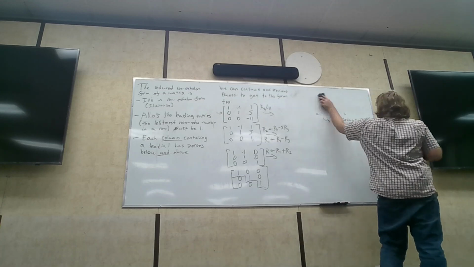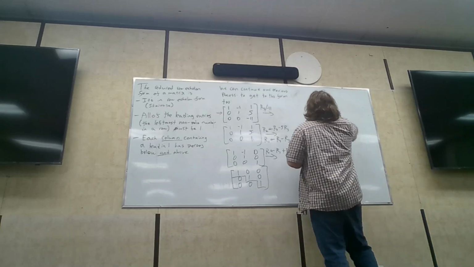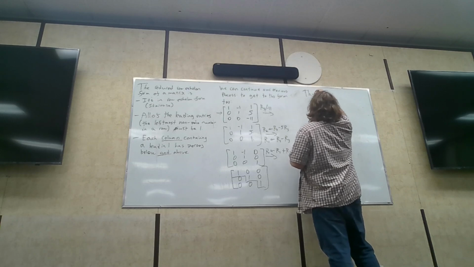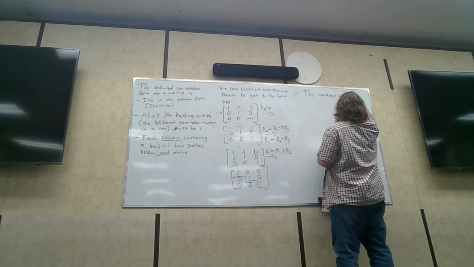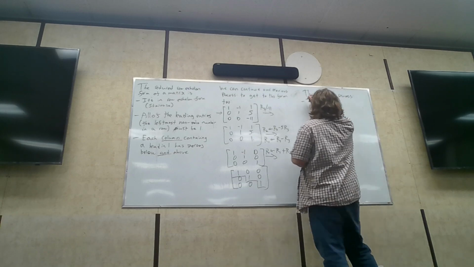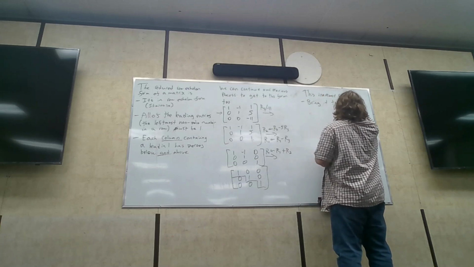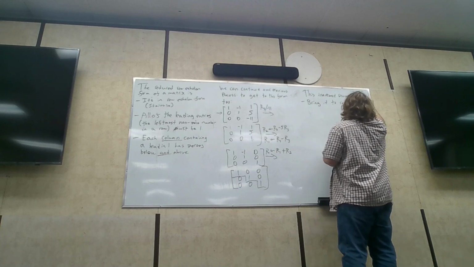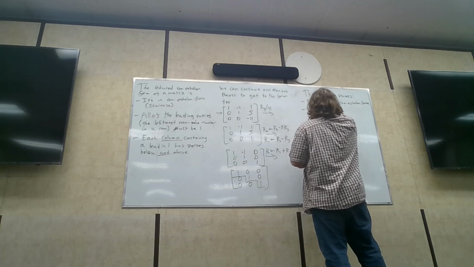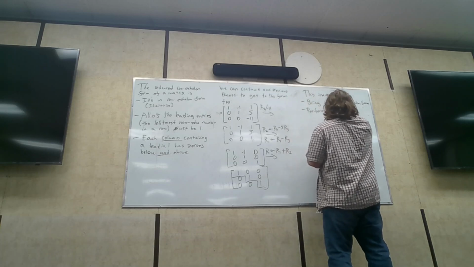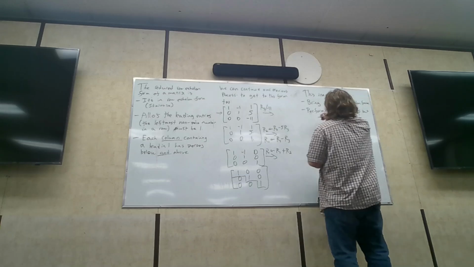So I'll write down this process in words. So this improved process: bring it to row echelon form. Perform a similar process, but start at the bottom right.